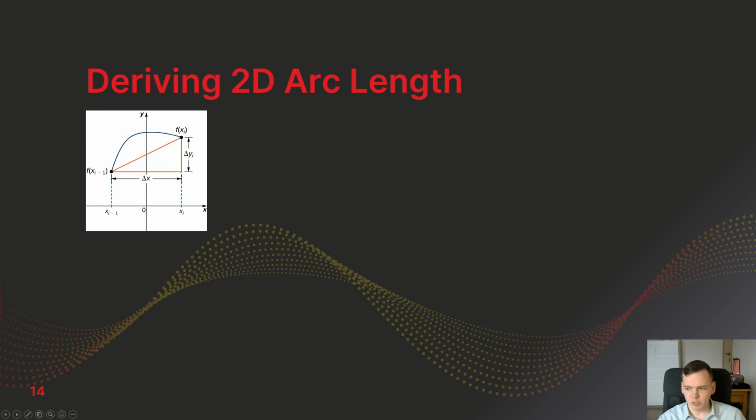What we're going to do is start with a small chunk of the curve. So imagine this curve was continuing off, like this. For a small chunk of the curve, we can imagine a delta x and a delta y, right? And this hypotenuse right here is an approximation of this blue line here. If you imagine getting smaller and smaller, the hypotenuse will get closer and closer to the blue as these x and y's get smaller.